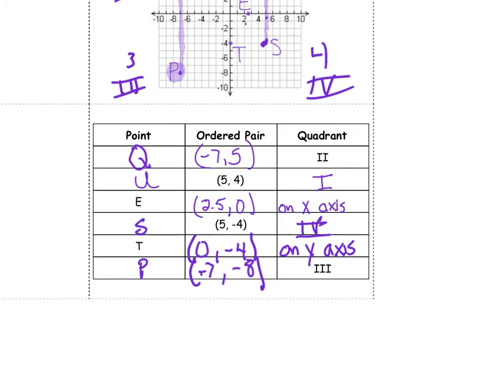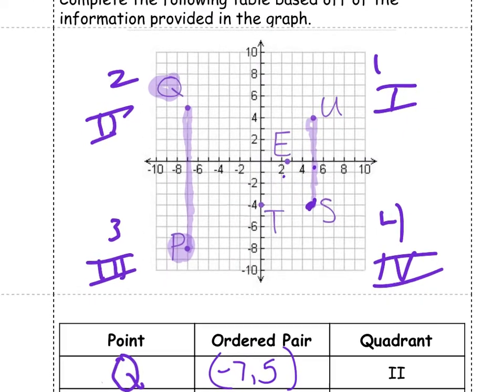When we switch to the other slide and look at the ordered pairs, I want you to remember what this looks like. So we can see from here to the axes, 1, 2, 3, 4, 5. And from P to the axes, it was 1, 2, 3, 4, 5, 6, 7, 8.